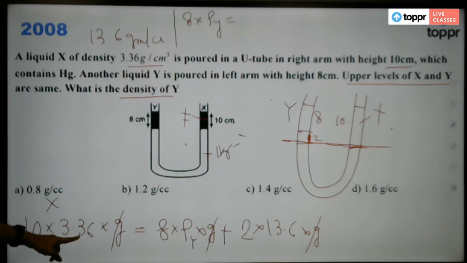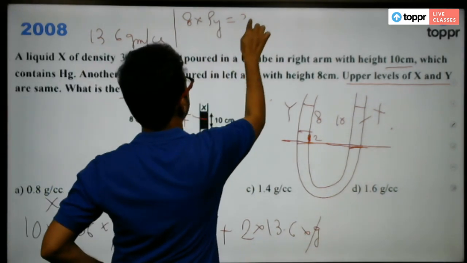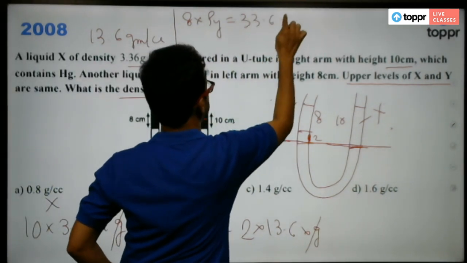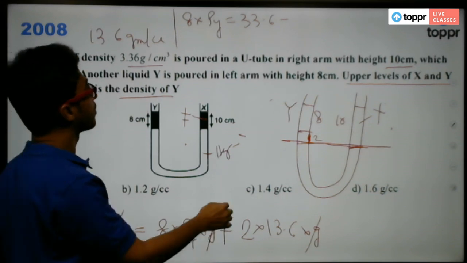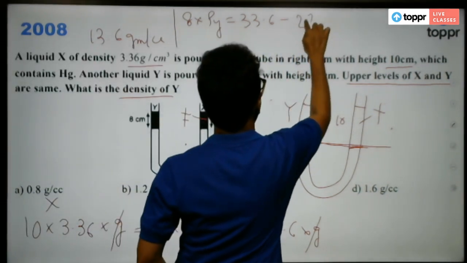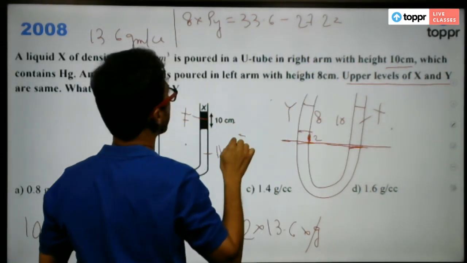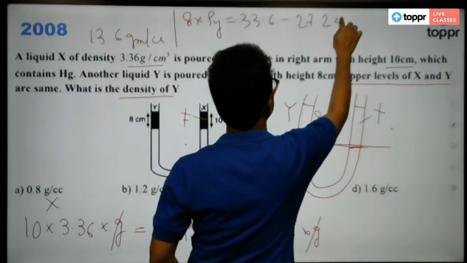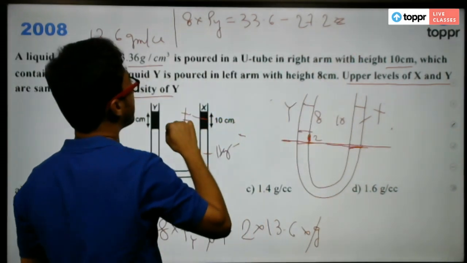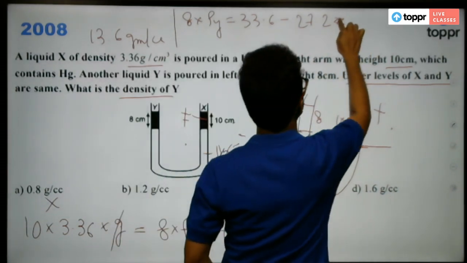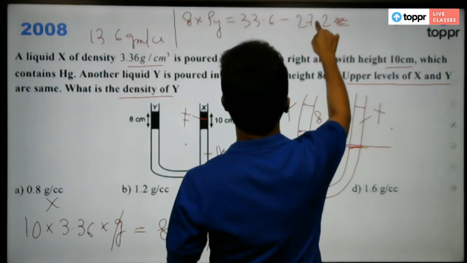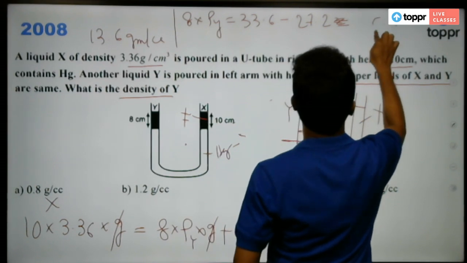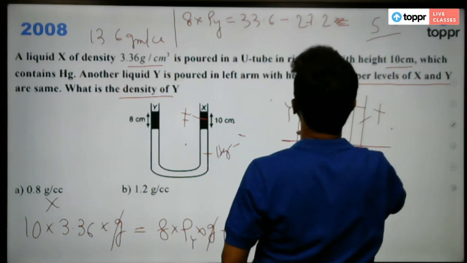10 into 3.36, that is 33.6, minus 2 into 13.6, that is 27.2. So 33.6 minus 27.2, this will be 5.4.